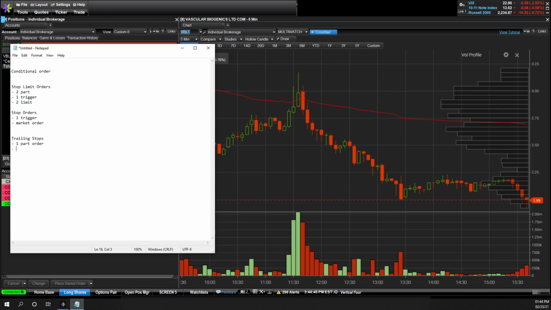So either price or percentage, and then what happens is that when that trailing stop executes, it's going to note the price of the stock.